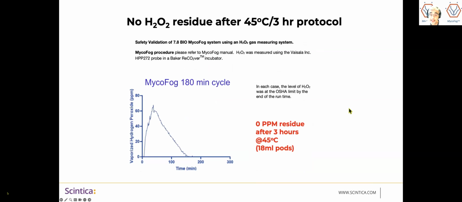Another very important validation issue is, is there any hydrogen peroxide left when I've finished the cycle? Will I get exposed to it? I, meaning me, the user of a MycoFog decontamination system. And the answer is we put a hydrogen peroxide meter inside the incubator alongside the MycoFog, so we could track the parts per million of the airborne hydrogen peroxide over the cycle.